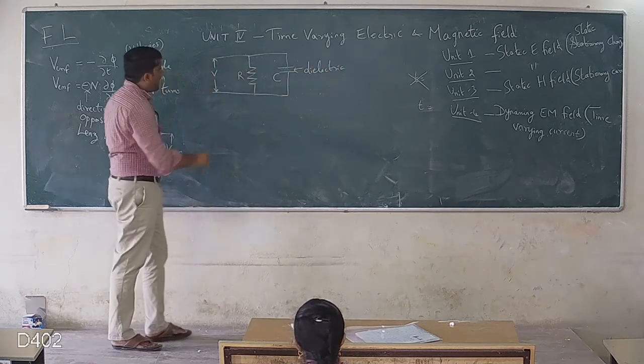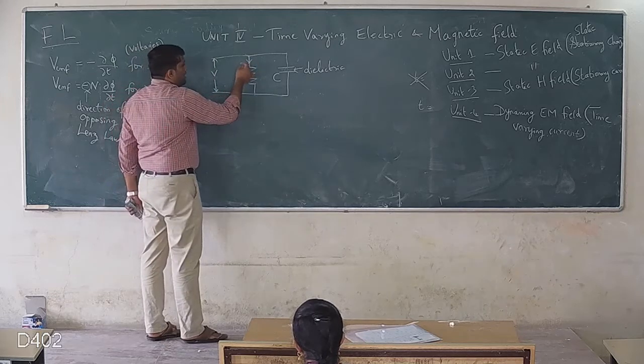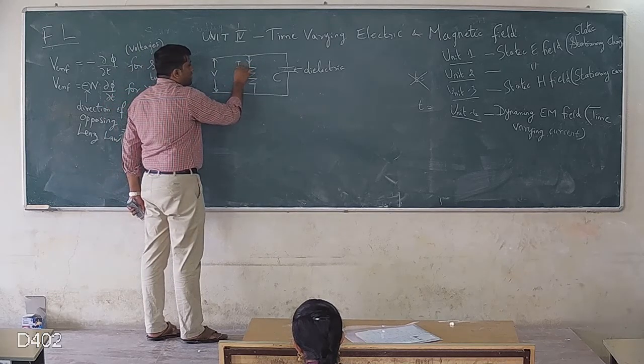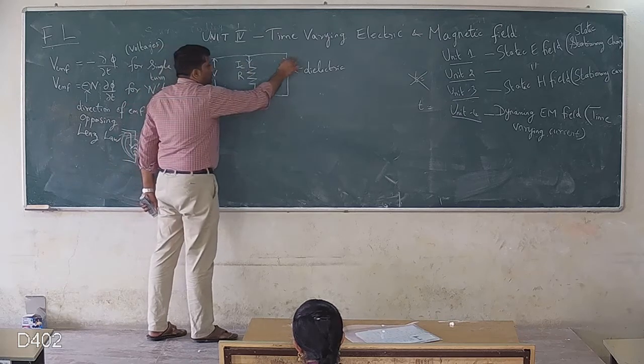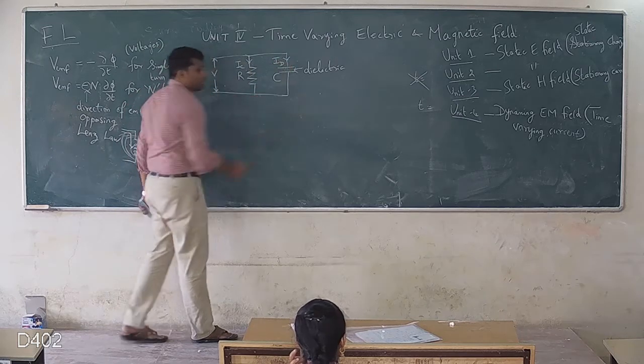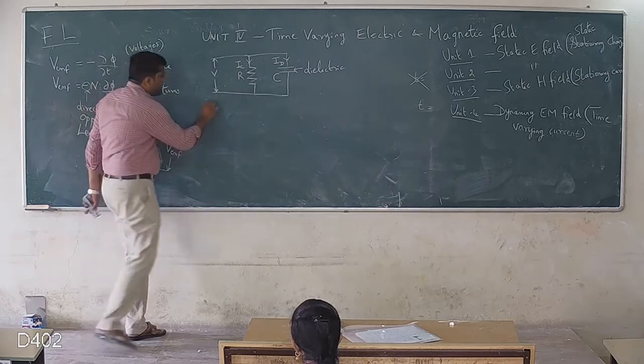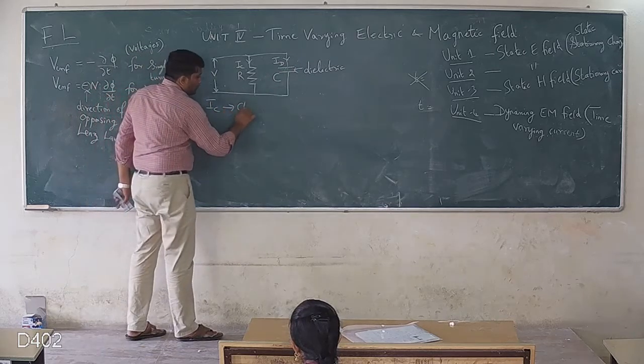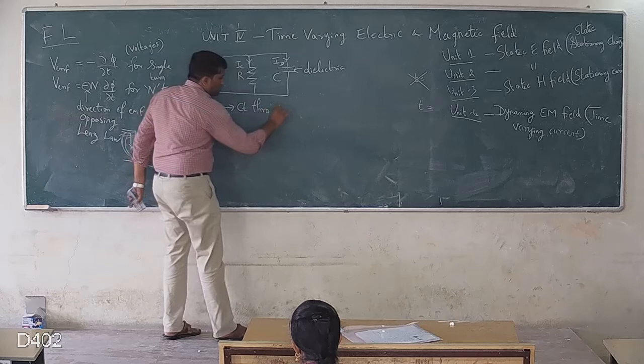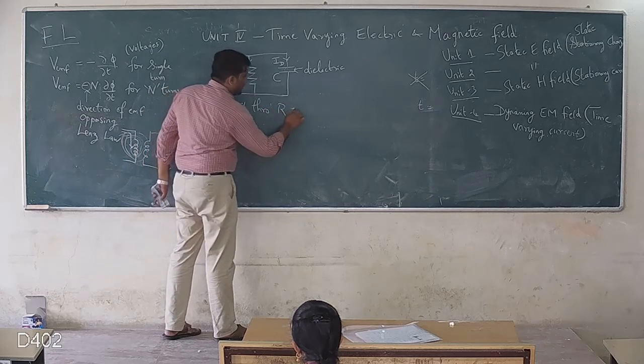Let the current flowing inside the resistor be IC, and here it is ID. So IC is the current through the resistor, which is nothing but conduction current.